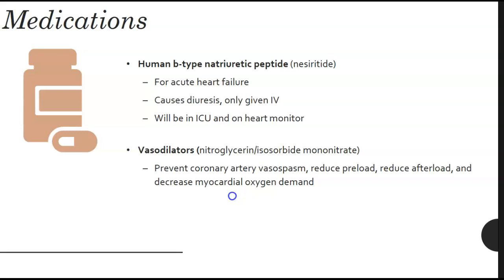That's typically going to be for acute heart failure and can cause diuresis. It should only be given by IV, and typically this patient will be in the ICU and be monitored. Vasodilators like nitroglycerin will prevent coronary artery vasospasms, help reduce that preload and afterload, and decrease the myocardial oxygen demand.